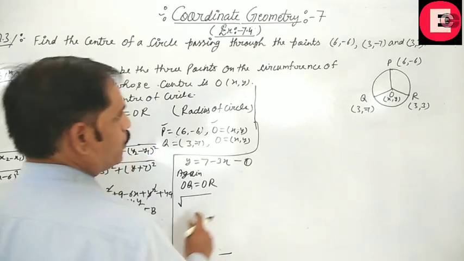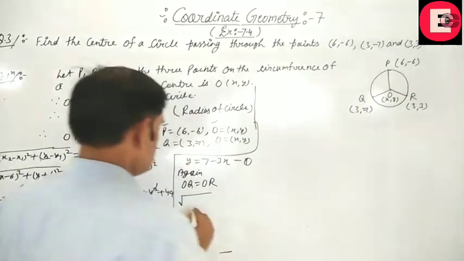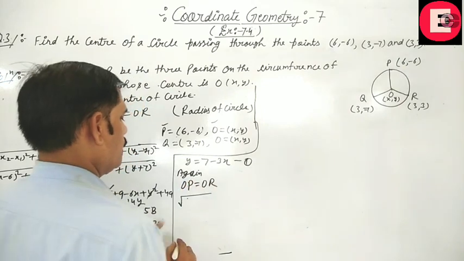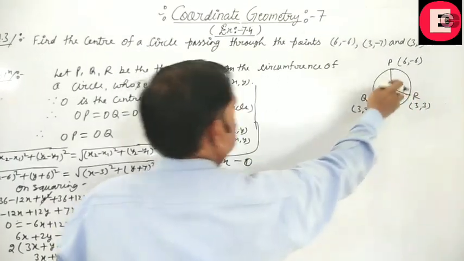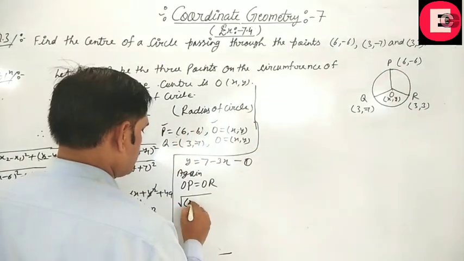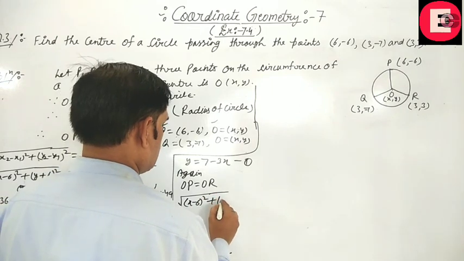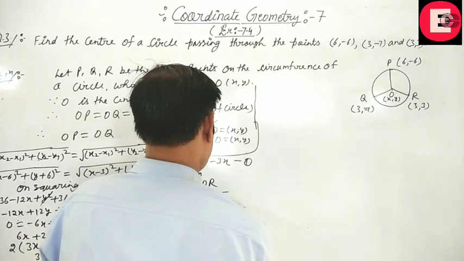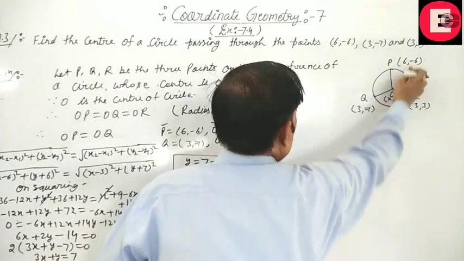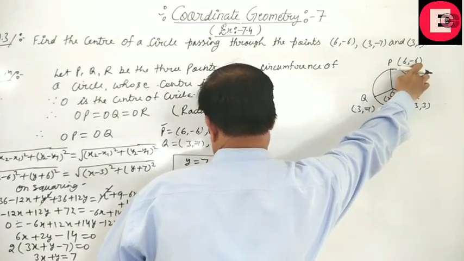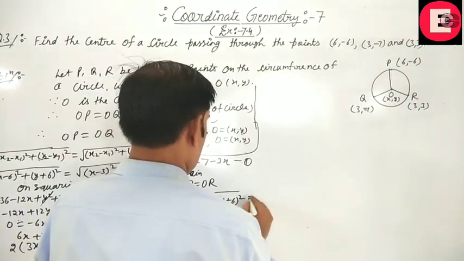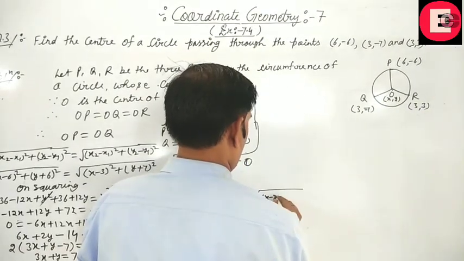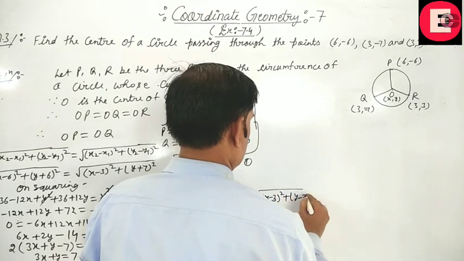Taking OP: x minus 6 square plus y plus 6 square, because y minus minus 6 will be plus, and OR: x minus 3 square plus y minus 3 square.